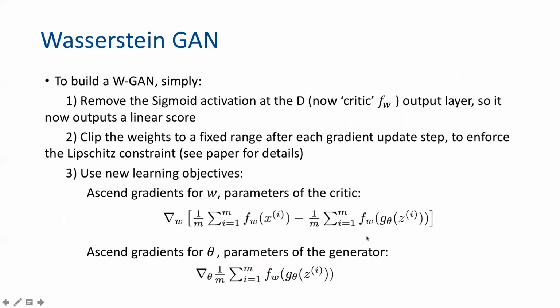And then the other actor, effectively, there isn't a discriminator, but there is an FW, and FW is trying to maximize its estimate of the Wasserstein distance. So it's similar to before. This is effectively a discriminator-like function, trying to maximize this difference. And then the generator is trying to maximize this term, which means minimizing that term. Okay, so far so good.